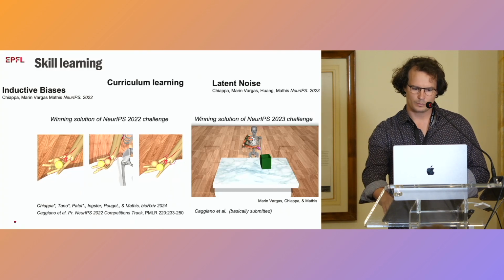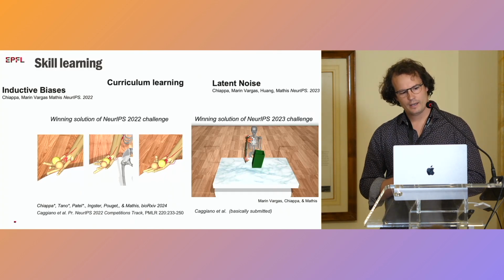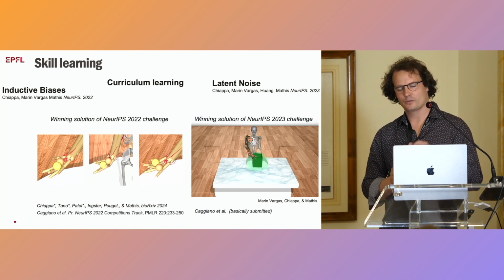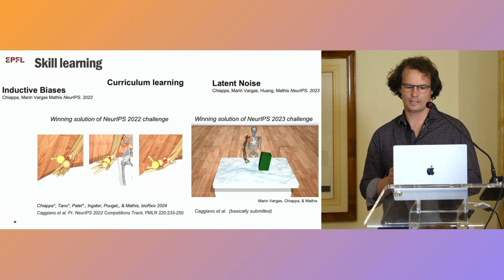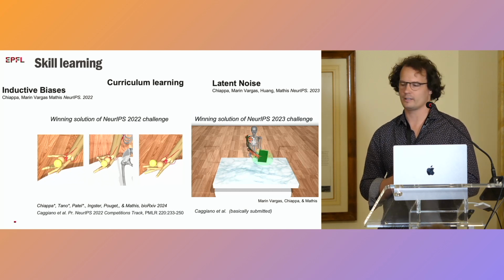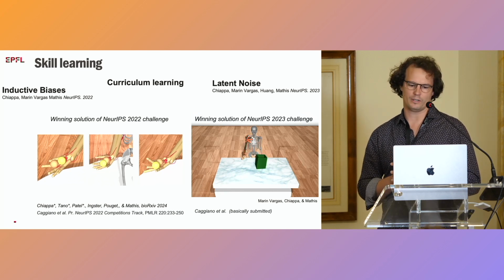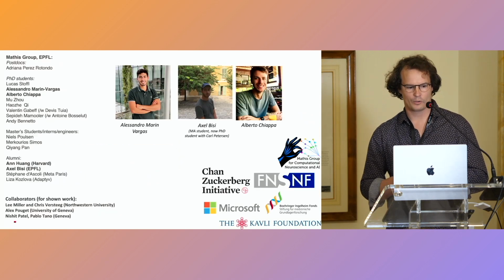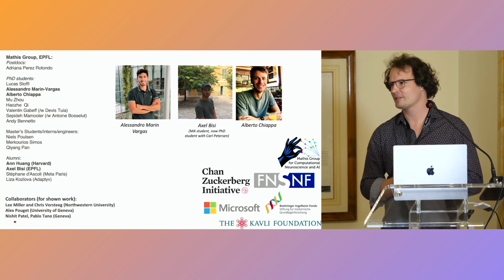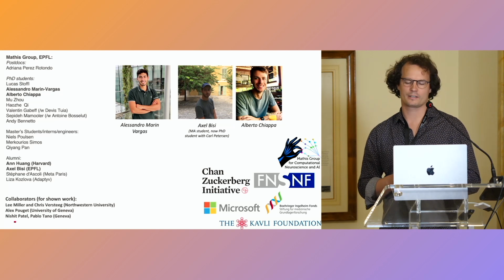And what we have shown in a bunch of papers is that inductive biases, curriculum learning, and latent noise are really good for boosting your performance on these tasks. And for example, in the last 2 years, we actually won the challenge at NeurIPS to control arms to do particular things. And so I want to thank my lab, and especially Alessandro, Axel, and also Alberto Chiappa, who did most of the work.